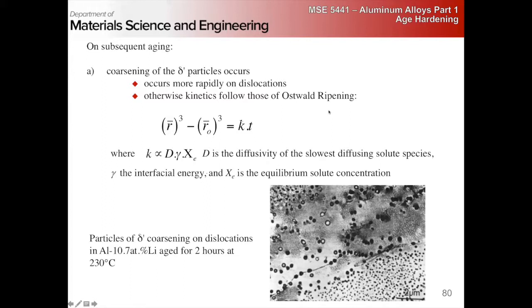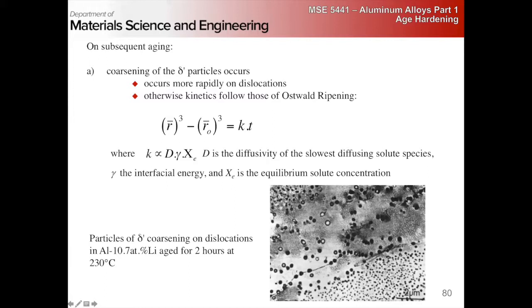The big particles grow at the expense of the smaller particles, so we involve diffusion, the surface energy, and the particle size. If we age it for 2 hours, we can see here we've got a dislocation running through here, and these particles have coarsened.